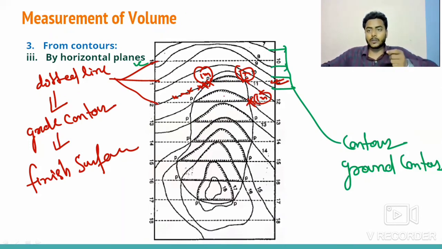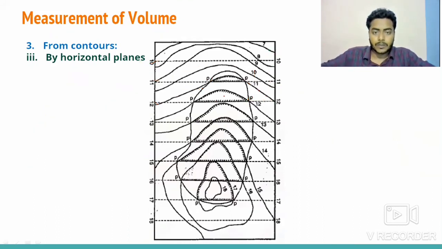So by joining a line of equal amount of cutting, equal depth of cutting, that will give us a curve. You can see in the figure. We are getting a closed curve by joining the points, so P is showing the equal value.